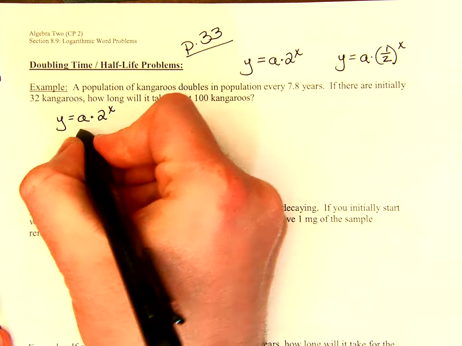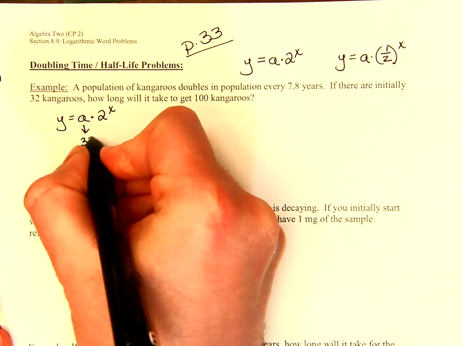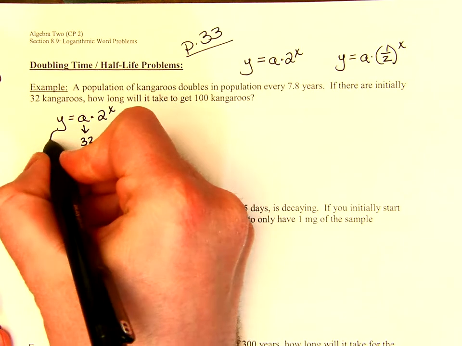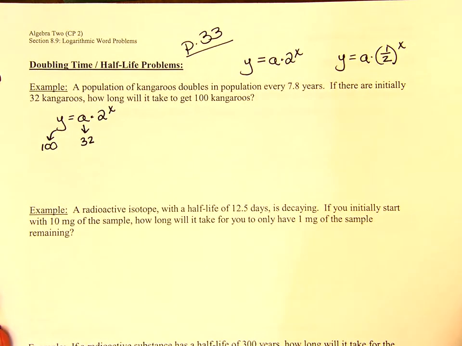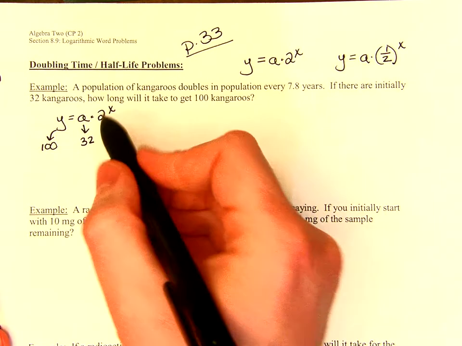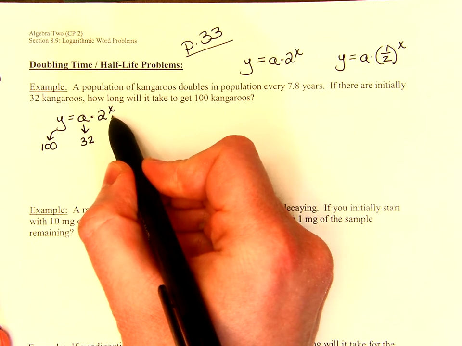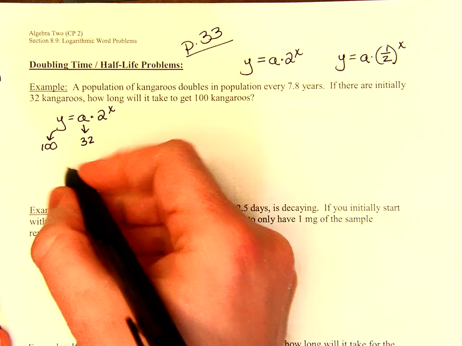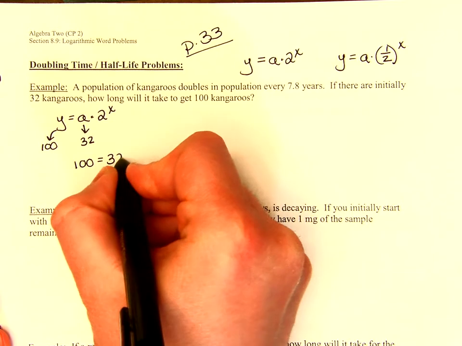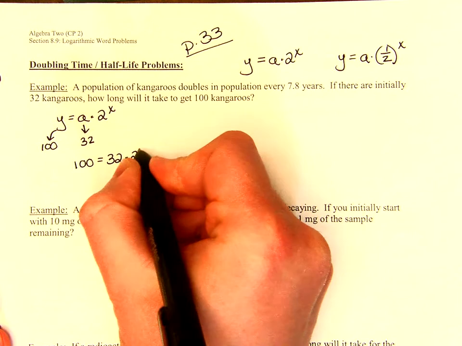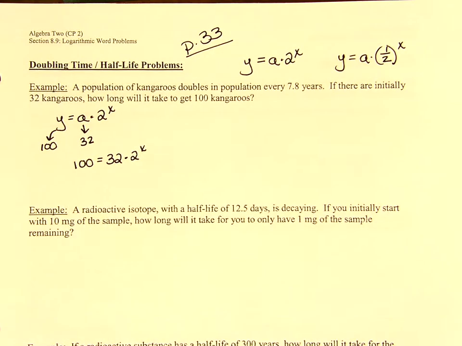I know my starting amount is 32. I know my ending amount is 100. I don't know how long I'm waiting, and as a result, I don't know the number of time periods that I'm waiting. So I'm going to leave my power empty, and I'm going to get the equation 100 equals 32 times 2 raised to the x.